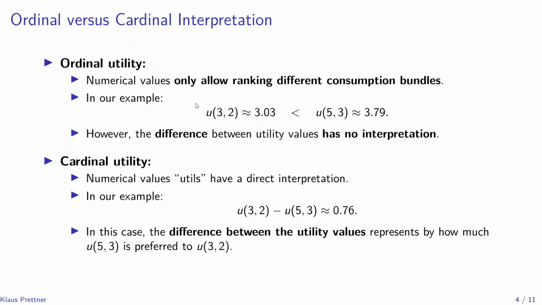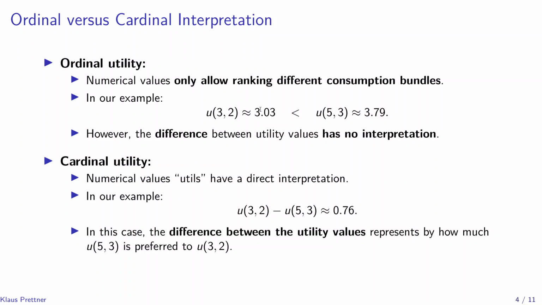So take the numerical example before with 3 apples and 2 bananas. That would lead to an output of the utility function of 3.03. With 5 apples and 3 bananas, that would be 3.79. So we clearly see that the consumption bundle with more of the two goods is preferred to the consumption bundle with less of the two goods.